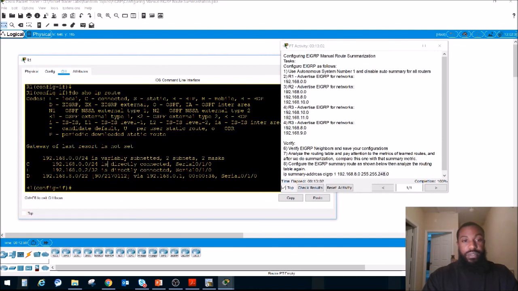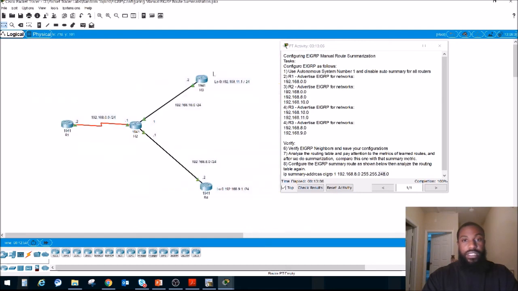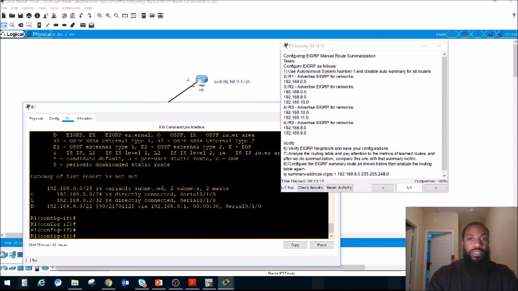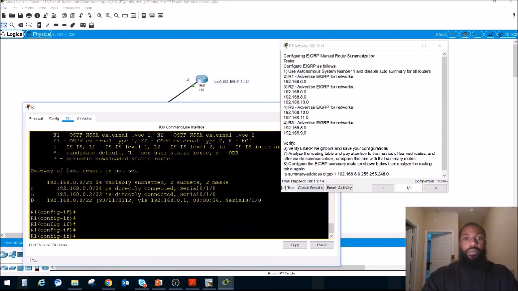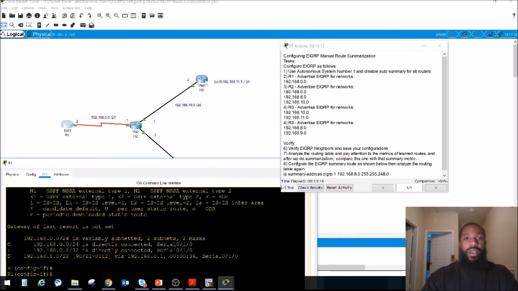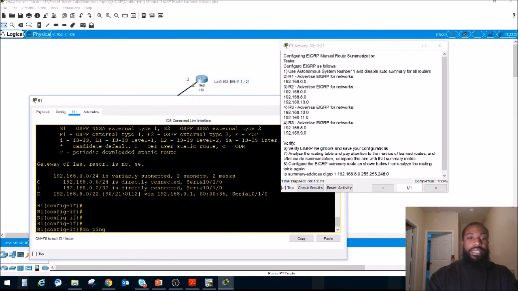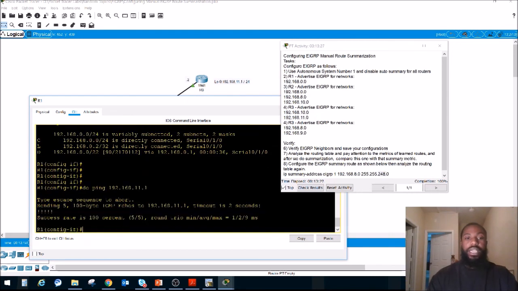His gateway of last resort is not set, but he has a summarized address to get to anywhere else. Let's see if we can ping the 11.0 network, the loopback on router 3. We just basically gonna have him ping router 3. Do ping loopback 192.168.11.1 and success rate.